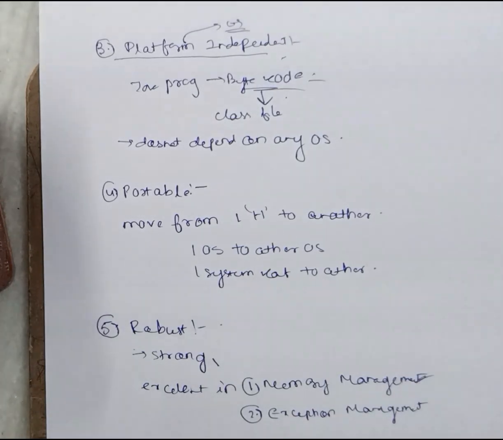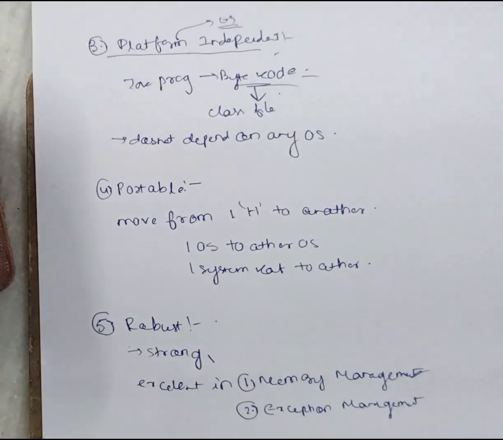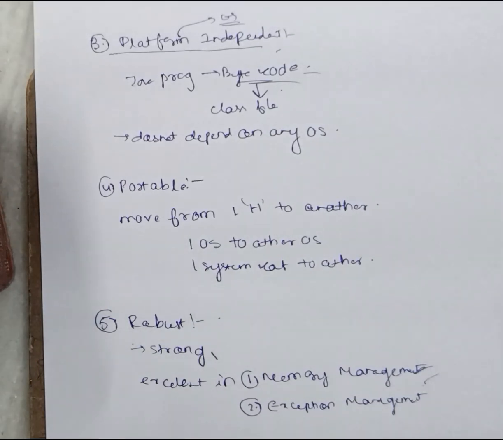Let's see how Java handles memory management. Java is excellent in memory management. If an object is no longer used, then the garbage collector releases the memory for the object automatically. Whereas if we take C++, in order to release the memory, we have to separately use the delete operator for erasing the memory for the object.